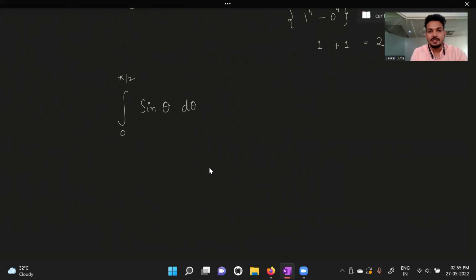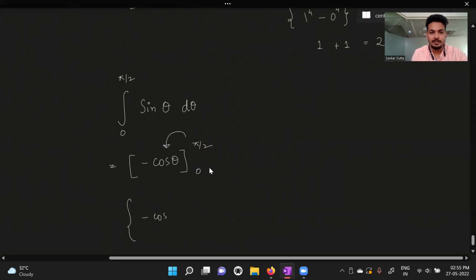So what is the integration of sine theta with respect to theta? It will be simply minus cos theta. Then I'll plug in the values of 0 and pi by 2. When I plug in pi by 2, this will become minus of cos pi by 2.